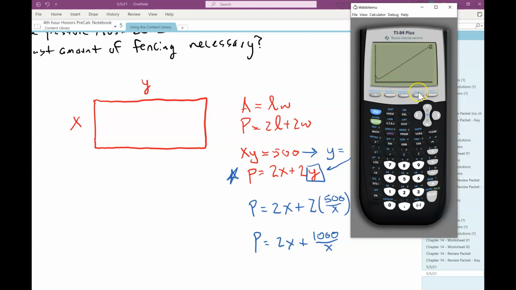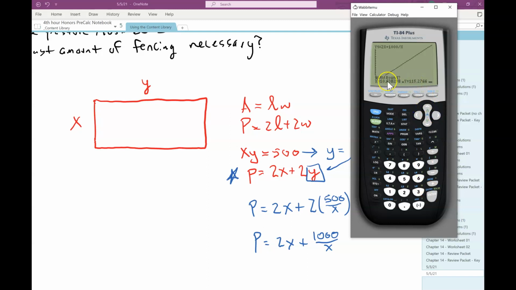So I'll press second and trace, select the minimum command. Left bound, I'll move my cursor to the left side of this. That's good. Center there. Right bound.